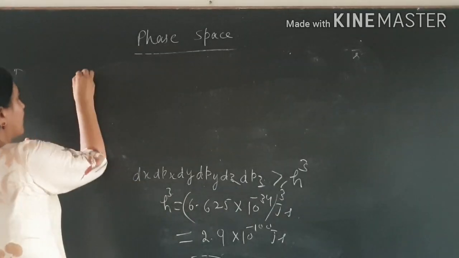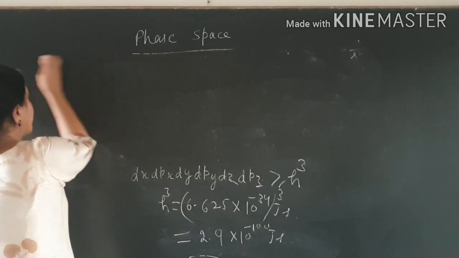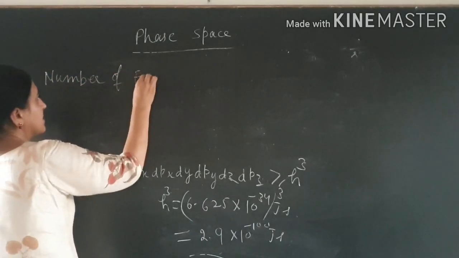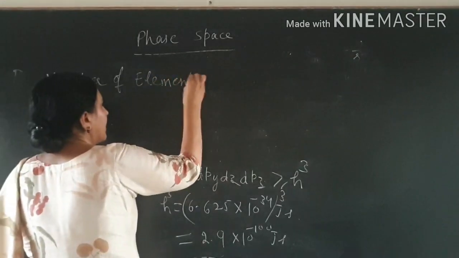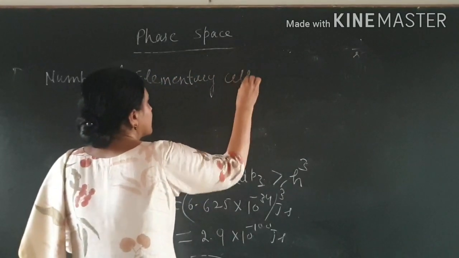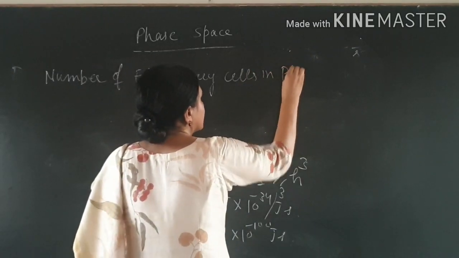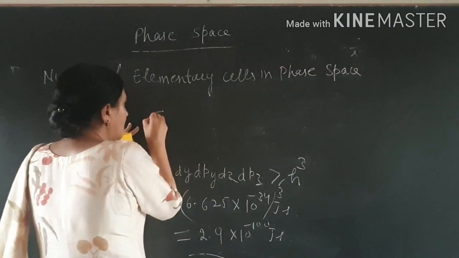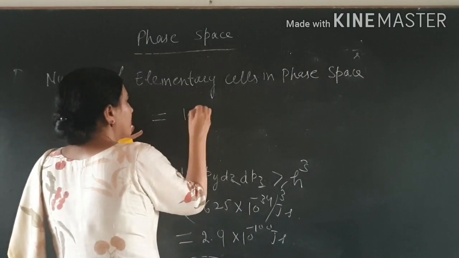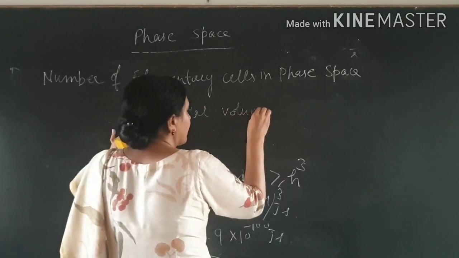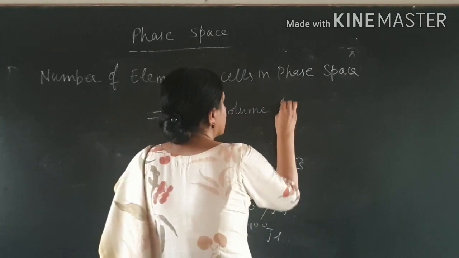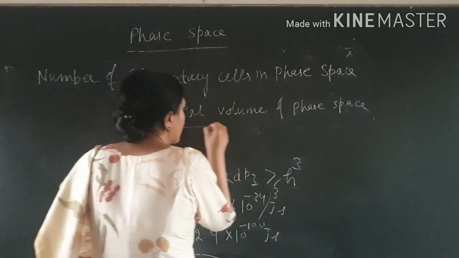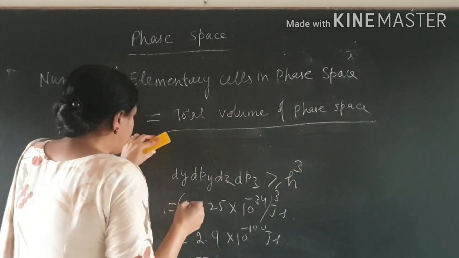Now the next step is to find the number of elementary cells in phase space. The number of elementary cells in phase space is equal to the total volume of phase space divided by the volume of one elementary cell.